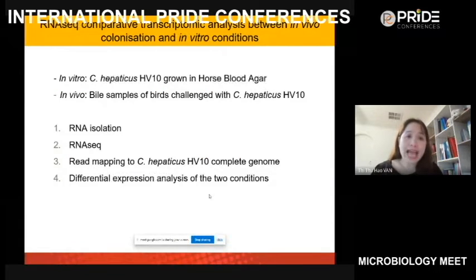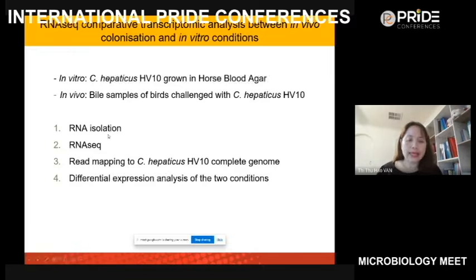We also did RNA sequencing to compare the transcriptomes. So we compare the in vitro condition, which means we grow them in the lab, with in vivo, where we put them in chickens. Then we compare the hepaticus grown in the lab and grown in chicken, to see whether any genes are expressed more in vivo compared to in vitro, and whether they contribute to the virulence or not.